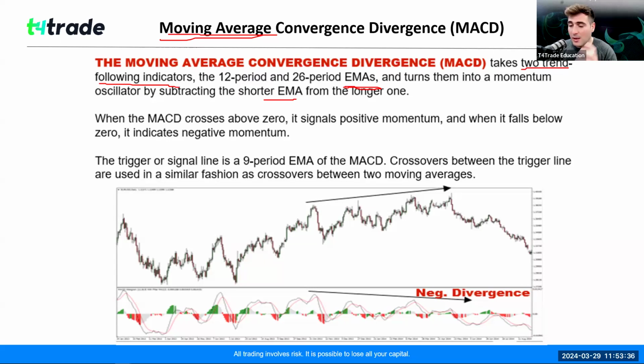Okay, so EMA is in a sense calibrated for the more recent price action, whereas with a simple moving average you take 12 period values, add them all together and divide them by 12. So there's no weighting to the number that it spits out.